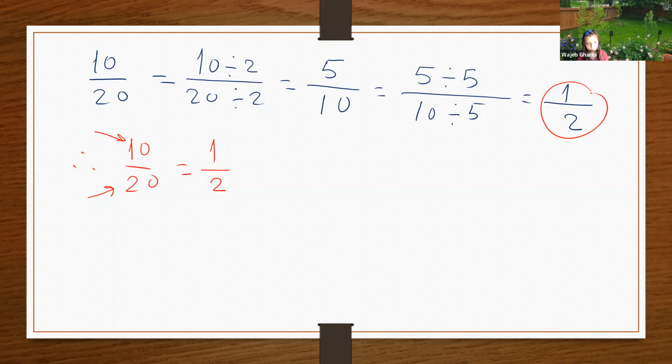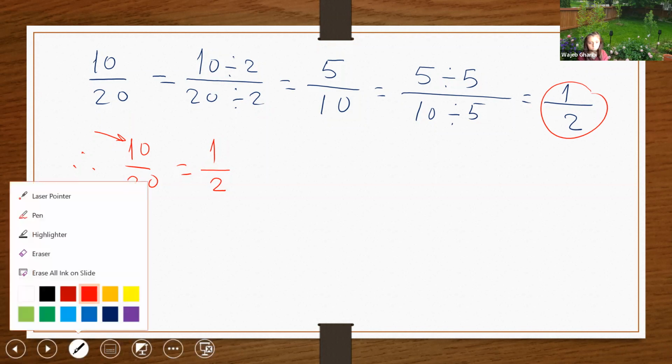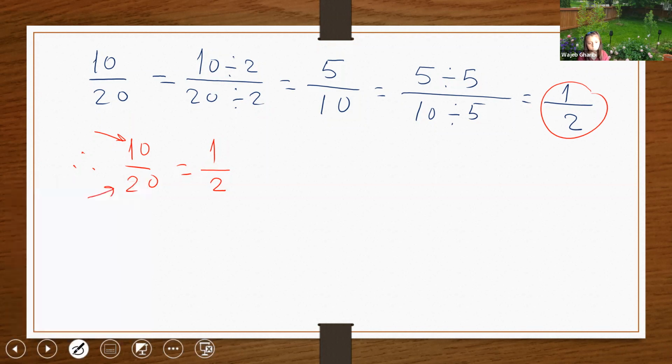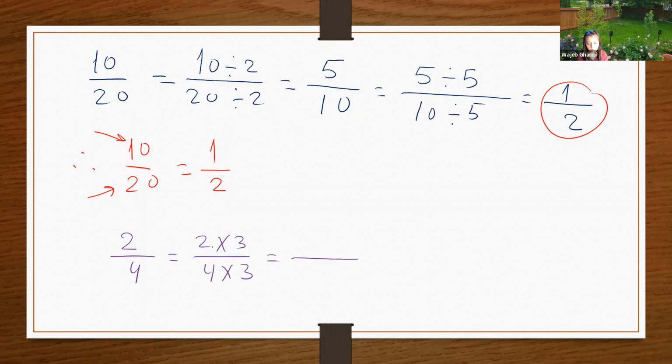Once again, with any fraction, it stays the same if we multiply or divide both numerator and denominator by the same number. For example, 2 over 4. If we multiply both by 3, we write 2 multiplied by 3 and 4 multiplied by 3, and it will be 6 over 12. It is the same.